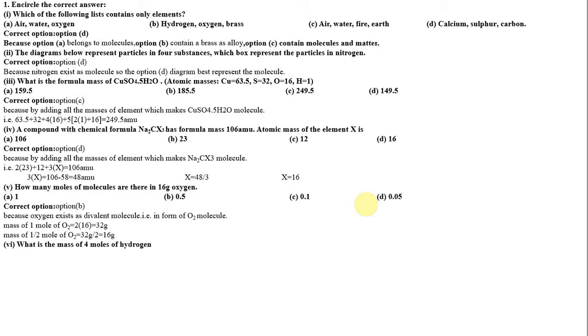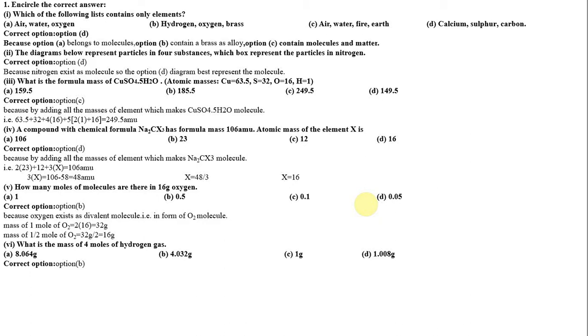Question number 6. What is the mass of 4 moles of hydrogen gas? Option A 8.064 gram. Option B 4.032 gram. Option C 1 gram. Option D 1.008 gram.